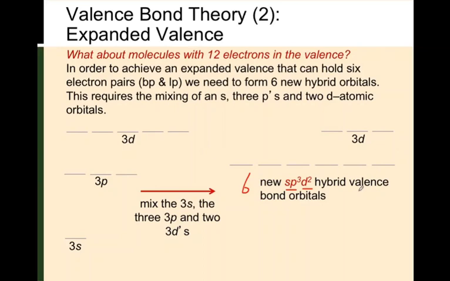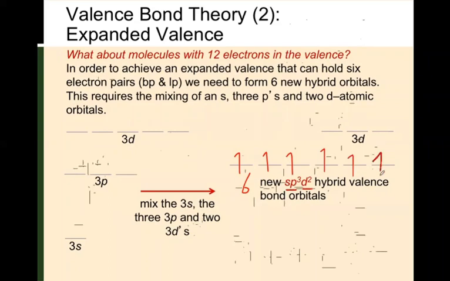So for example, sulfur can do this. Sulfur has 6 valence electrons. So it could be 1, 2, 3, 4, 5, 6. And then each one of those half-filled orbitals can form a bond, and you can have sulfur and 6 other things attached to it.